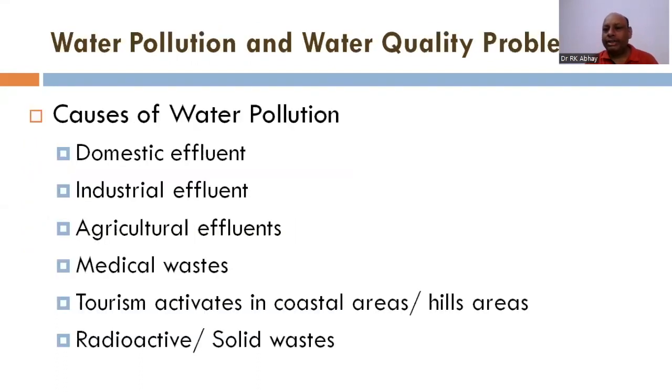Water pollution is another issue. Medical waste, agricultural waste, industrial waste, domestic waste. Now waste is also being generated from tourism activities. In hilly areas, the hill towns are no more the tourist spots. You see Mussoorie, Dehradun, they are experiencing a huge water crisis.